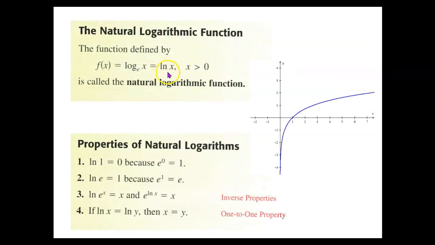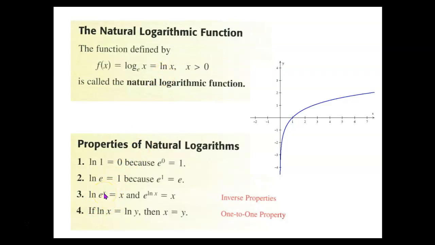So ln of x, or log to the base e of x, is just one particular logarithmic function. It's the one where the base is e. And so the ln of 1 is 0 because e to the 0 is 1. The ln of the number e itself is 1 because e to the 1 power is e. The natural logarithm function undoes the e to the x exponential function.